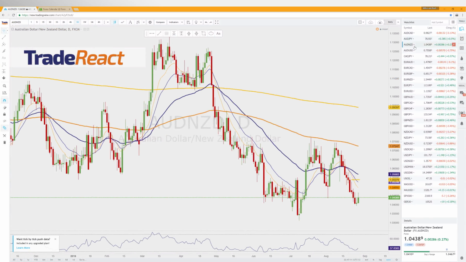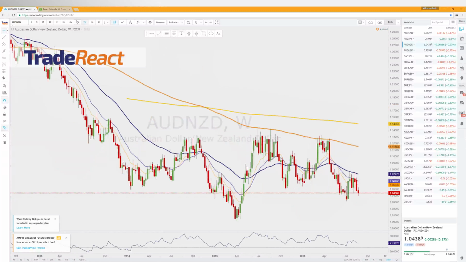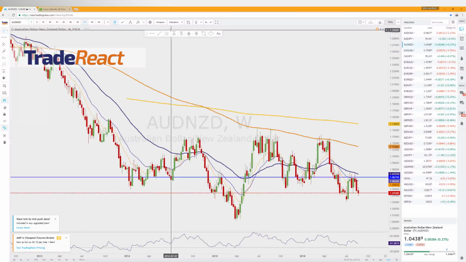Okay, Aussie Kiwi. Quickly the weekly. We just broke below these lows here and here. Can draw in those lines. We have some price rejection there.